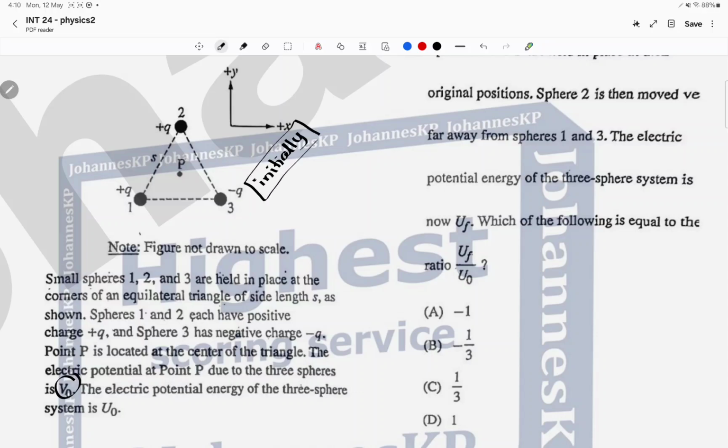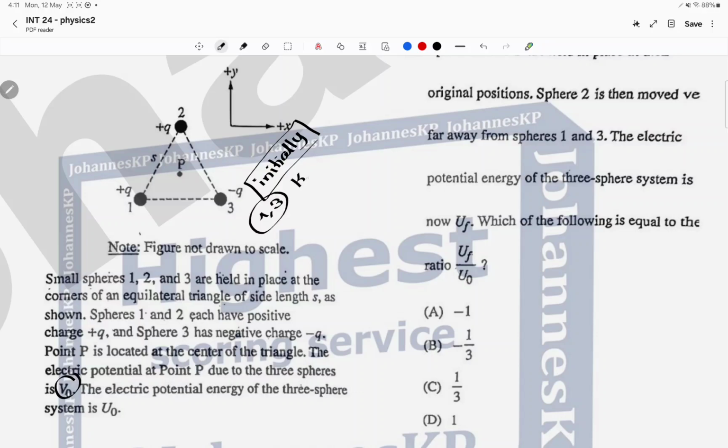What was the U initially? I think we were told, right? Initially it was how much? They didn't say. Okay, so let's find it. Let's do spheres 1 and 3.